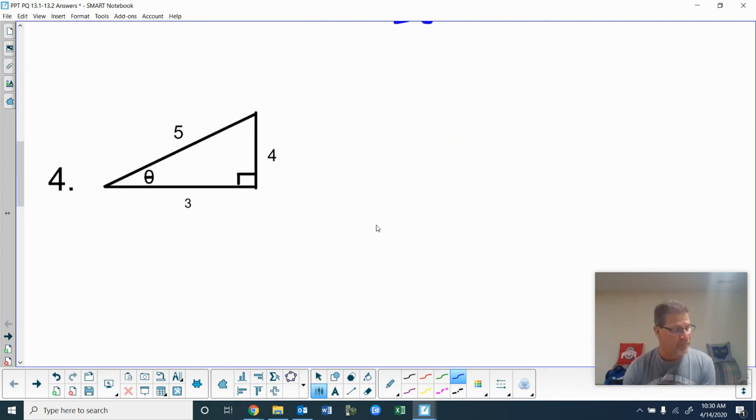Number 4 is the picture, and it just says find the value of the sine, cosine, and tangent. So this is only 3 answers. The sine of theta is opposite 4 over hypotenuse 5.